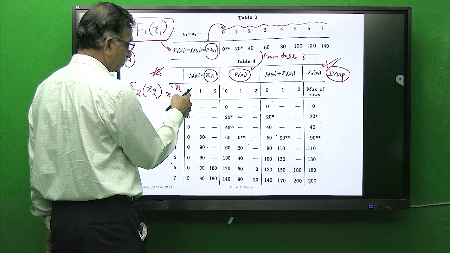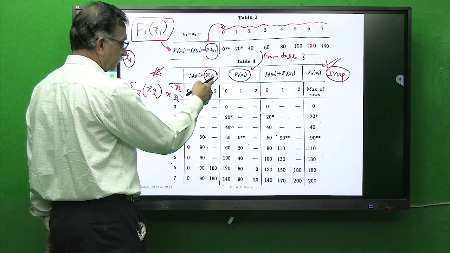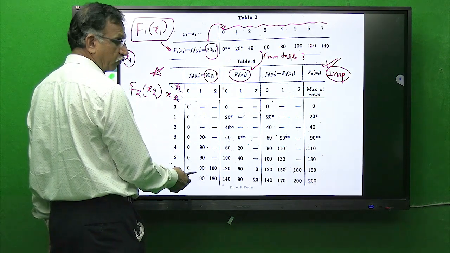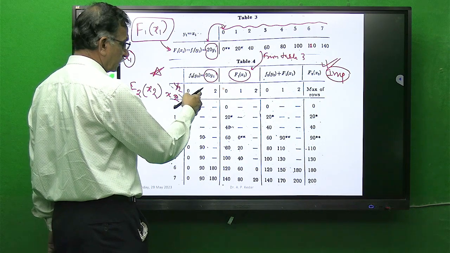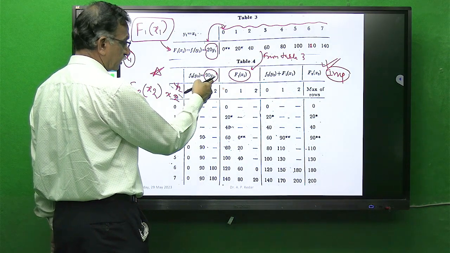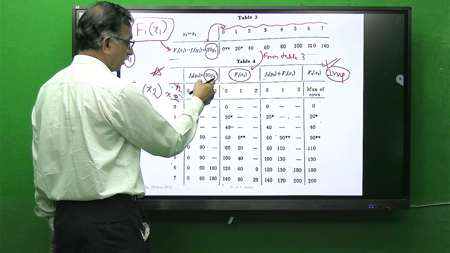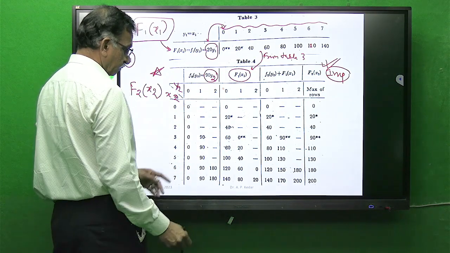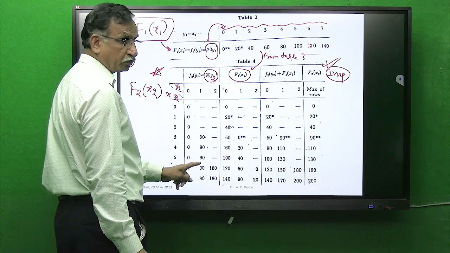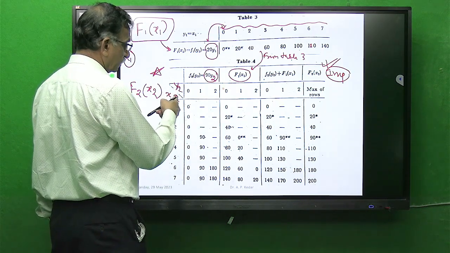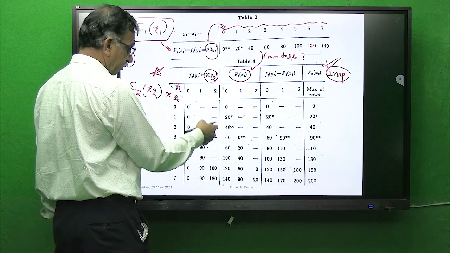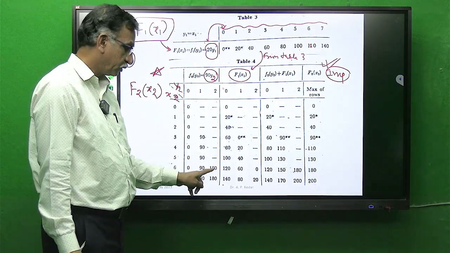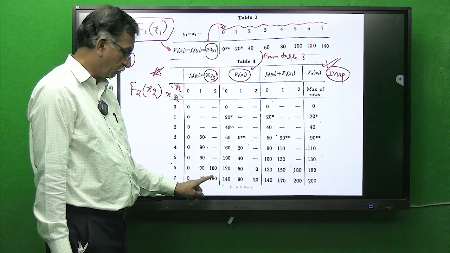So y2 is equal to 0, 1, 2. If I put y2 equal to 0, the entire column will be 0. If I put y2 equal to 1, you will get 90 into 1, that is 90. Where there is a dash, we won't put any value. If I put y2 equal to 2, it will be 180, and at the locations from the earlier table we will put 180.